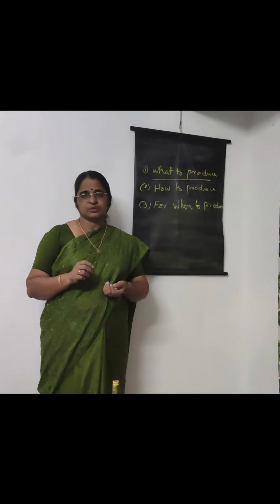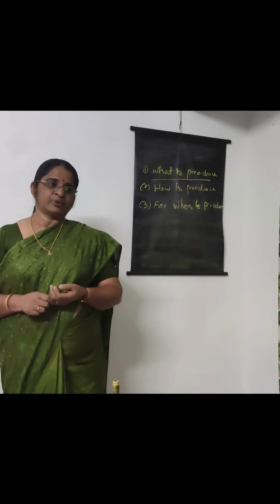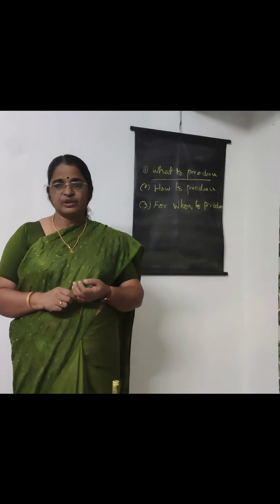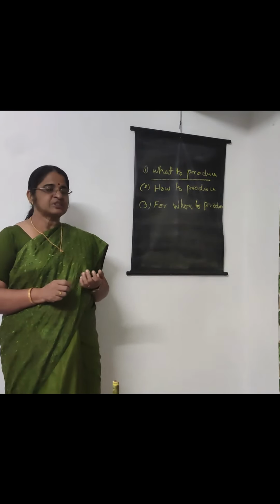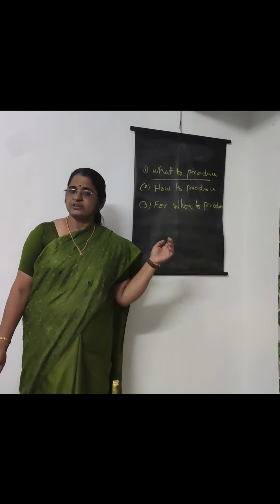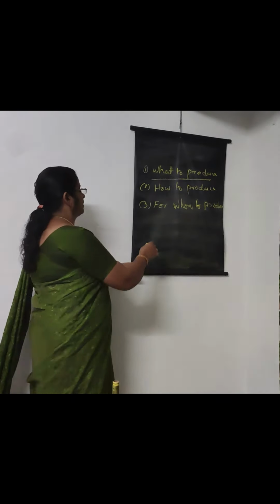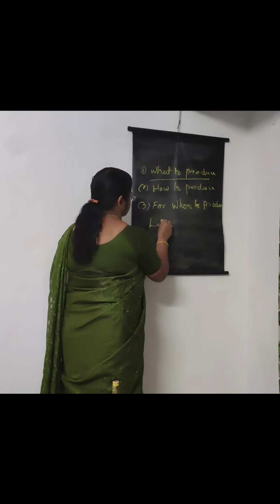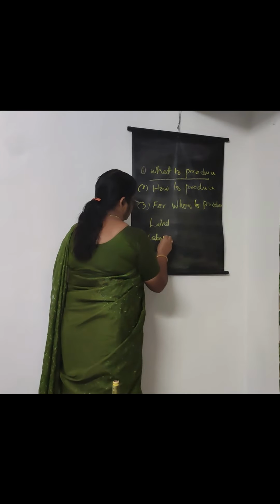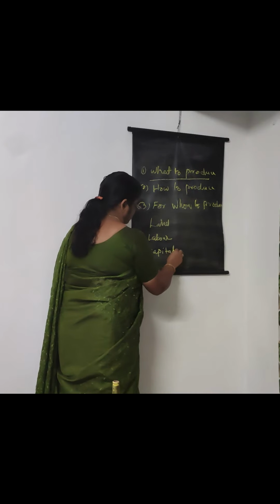In order to produce a good, we need factors of production. In order to produce commodities, we use factors of production. Factors of production are divided into 4: land, labor, capital and organization.